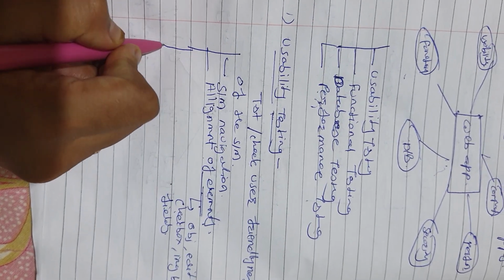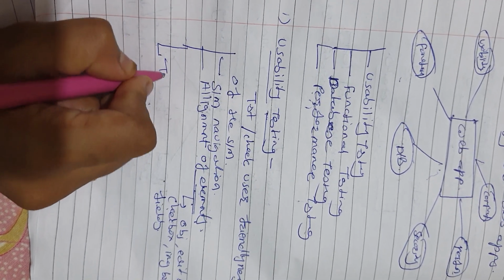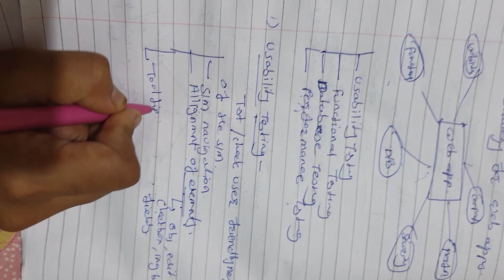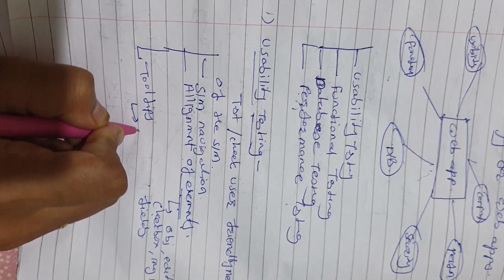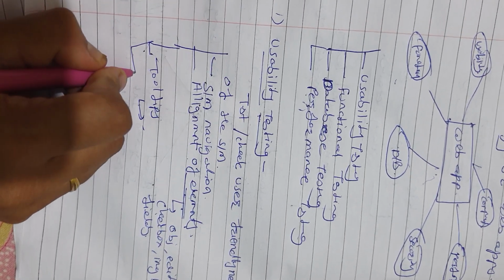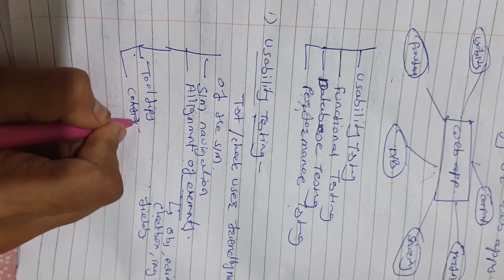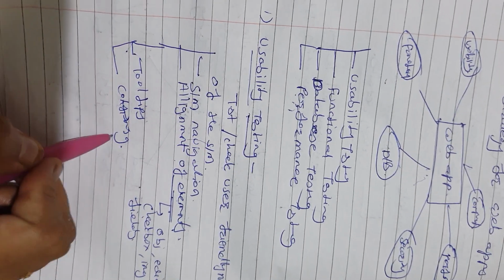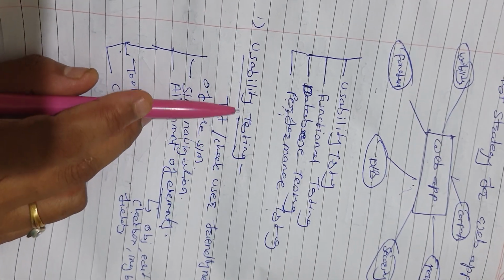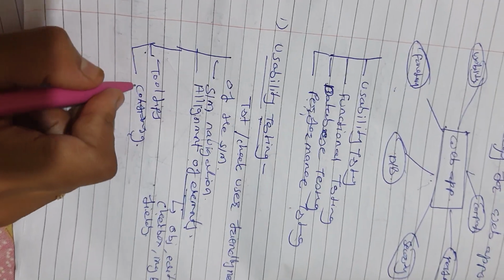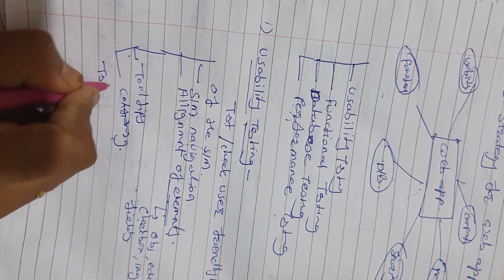And then the third one is tooltips. Tooltips mean system guidance, guidance messages, then confirmation messages. These are the general scenarios to check user friendliness in usability testing. And the important test scenario.